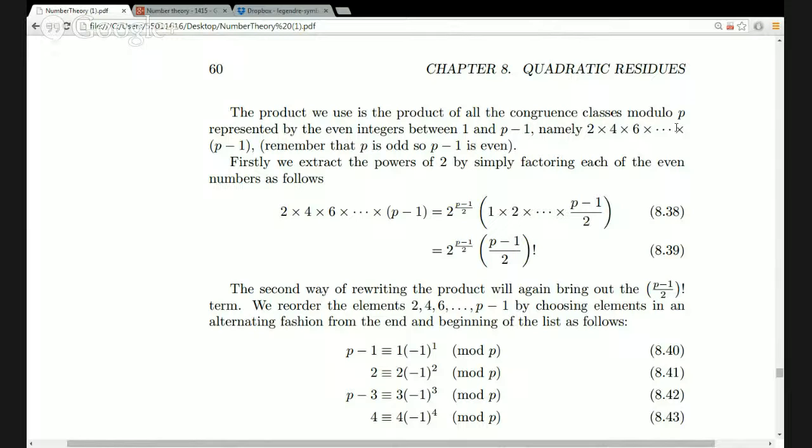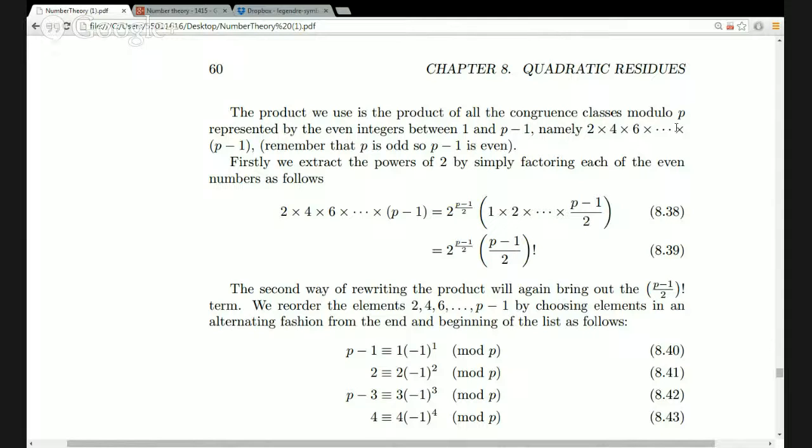So this number is the power of 2, 2 to the power of (p minus 1) over 2, times the factorial of (p minus 1) over 2. So this is interesting because it features 2 to the power of (p minus 1) over 2, which is the number we want to describe.